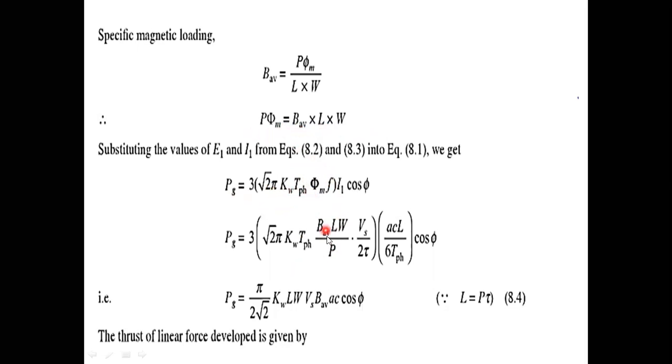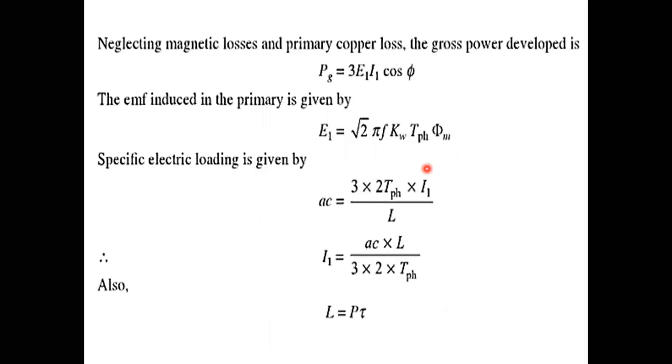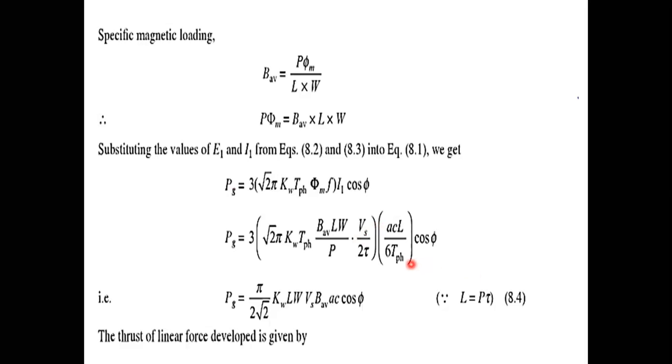So B average L into W by P into Vs by 2 tau, where Vs by 2 tau comes from the phi m equation. Therefore Vs by 2 tau into I1 value. We know the I1 equation also, AC into L by 3 into 2 into turns per phase, that is 6 turns per phase.